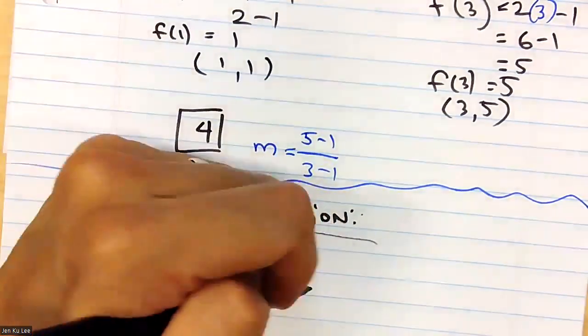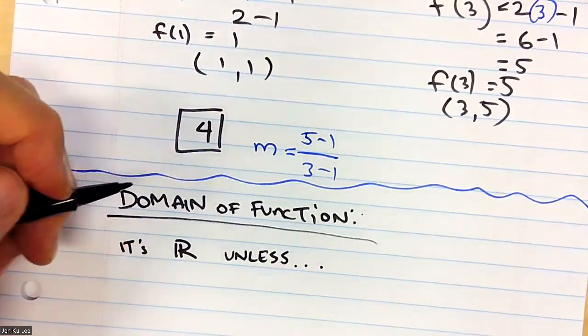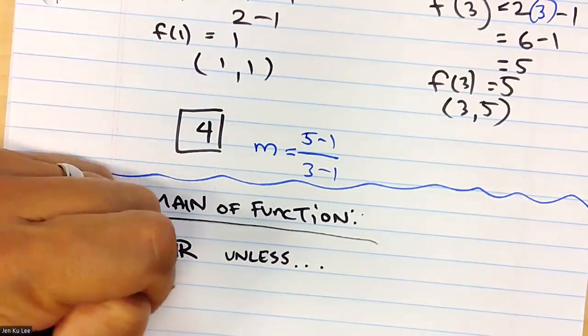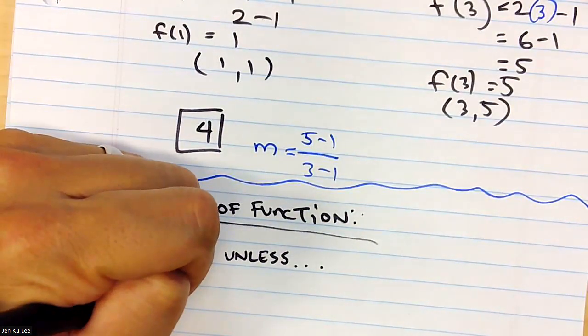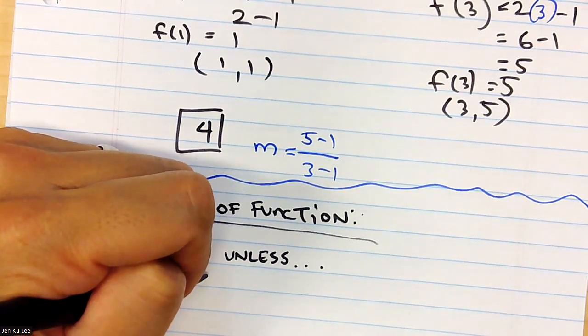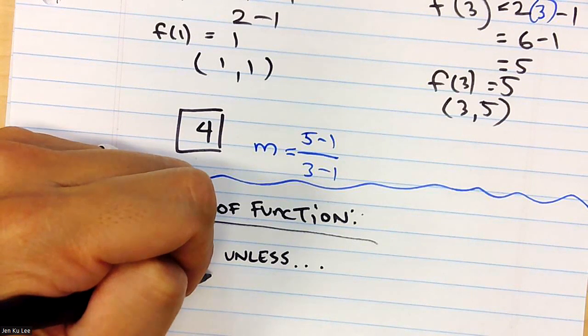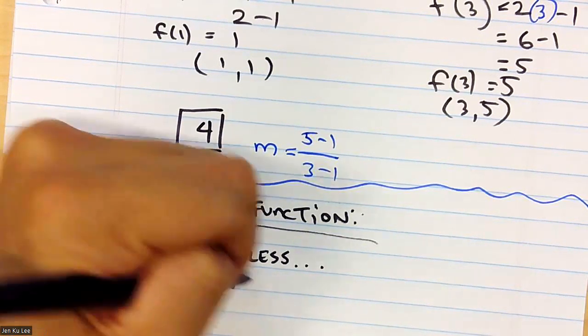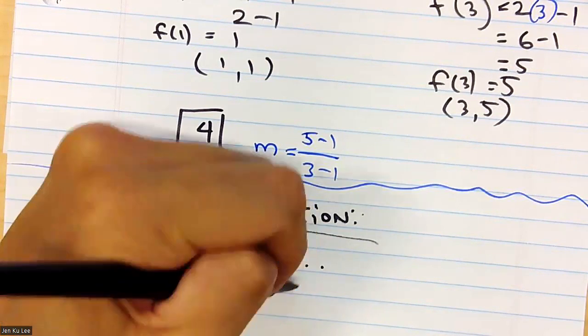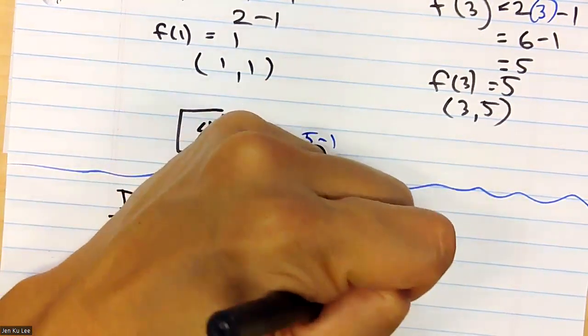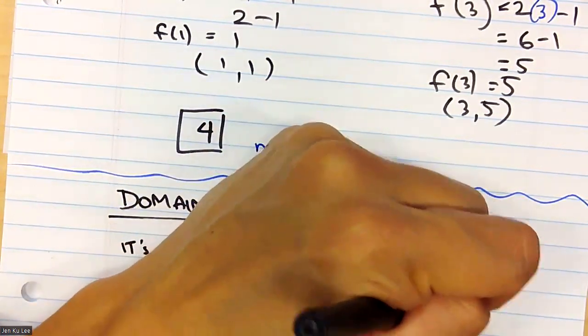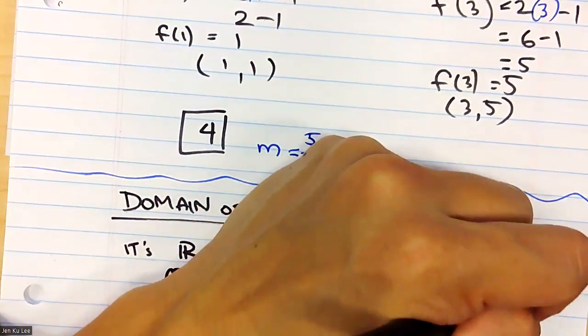It's all real numbers unless, number 1, your x value is in the denominator.